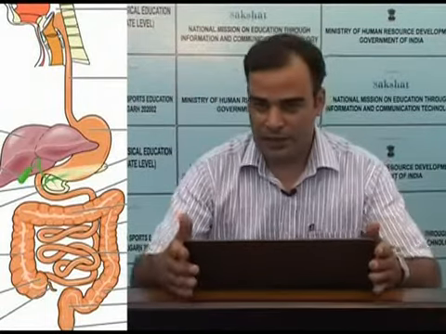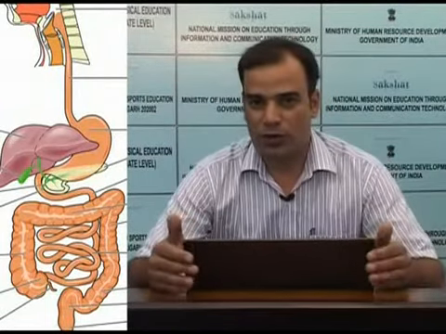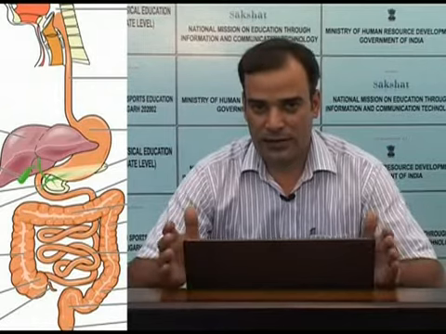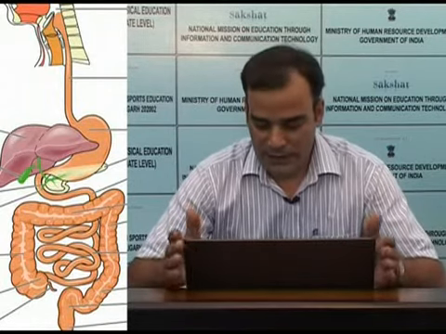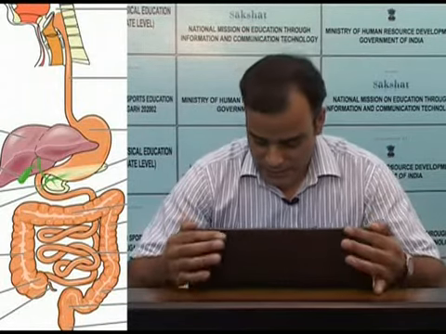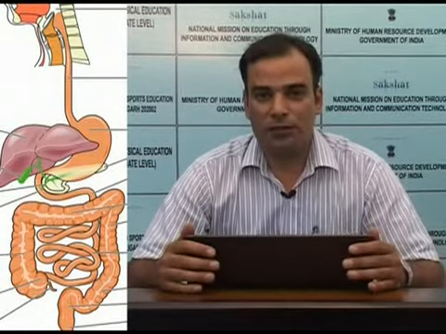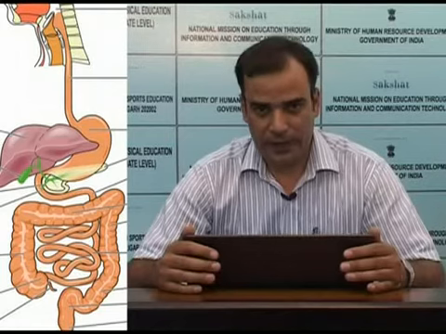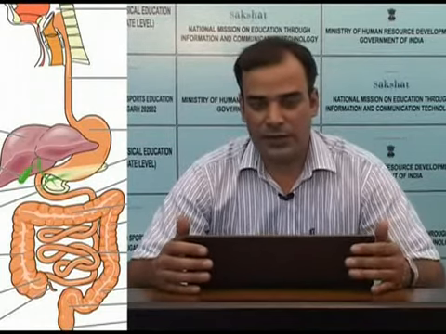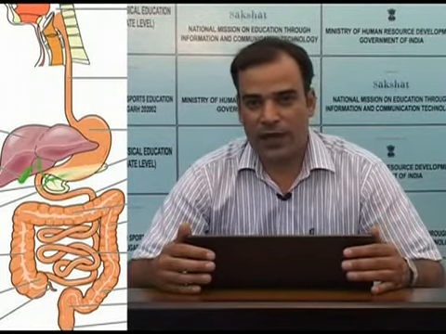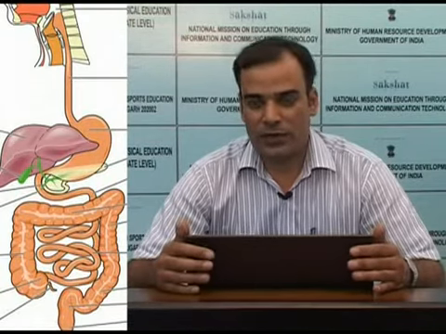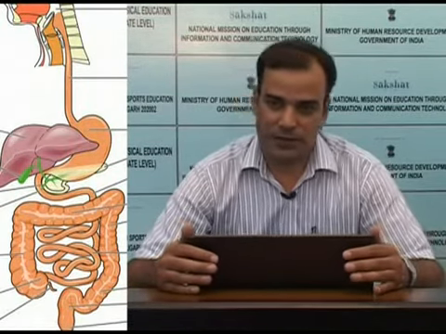This enteric nervous system is composed of both the myenteric plexus and the submucosal plexus. The myenteric plexus, located between the muscle layers, usually controls the movements of the GIT. There are different types of movements which take place in the GIT, and these movements are mostly controlled by the myenteric plexus.